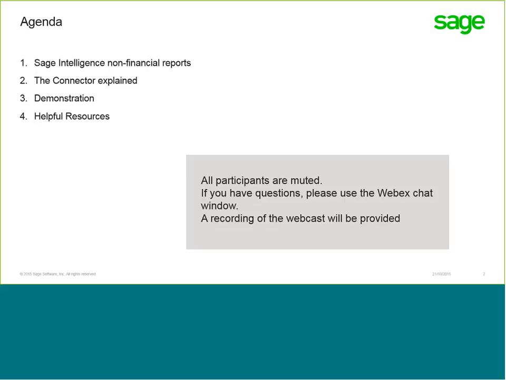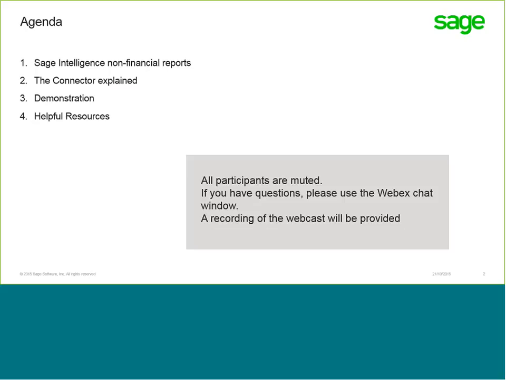The agenda for today is we're going to talk about those Sage Intelligence non-financial reports just briefly. We're just going to talk through them. But the bulk of today's webcast is going to be about the connector. So I'm going to explain a little bit about what the connector is, why it is, and what it does. And then I'm going to walk through a demonstration. And the demonstration really is how to use the connector, what are some of the features and facets of the connector.